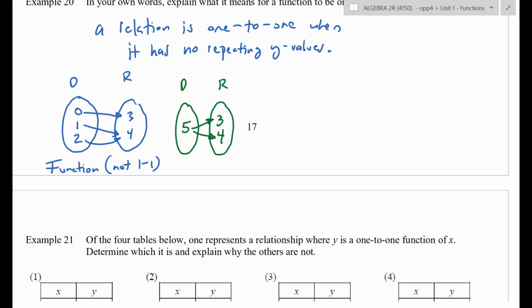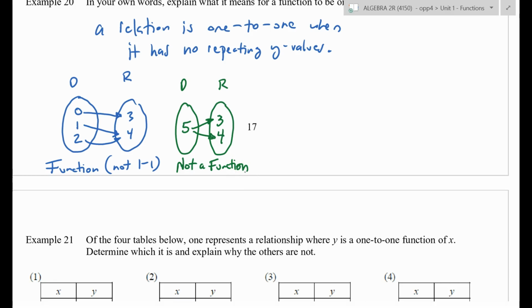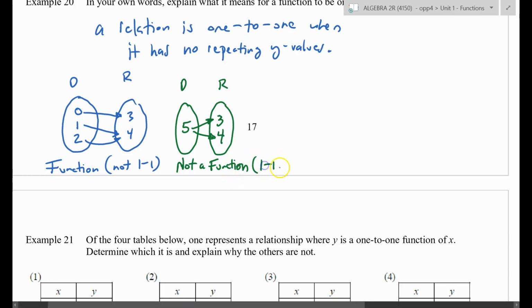Is that green mapping a function? No, because 5 goes to 3 and 5 goes to 4. So this is not a function. But hang on a minute. Is it one-to-one? It is one-to-one, isn't it? When something is not a function, I can use a different word for that: relation.